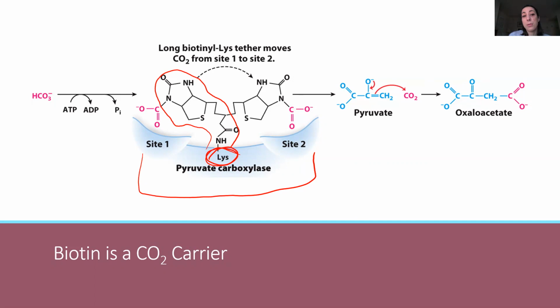And it is going to carry the CO2. It's going to bind the CO2 on site 1. And it actually is very pliable because it's long and has this long chain. And it moves to site 2, where it is then going to link onto the bound pyruvate, turning pyruvate into oxaloacetate. Notice that pyruvate is a 3-carbon long molecule and oxaloacetate is a 4-carbon long molecule.